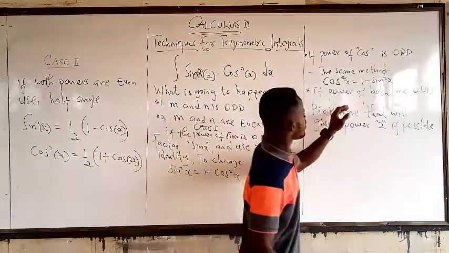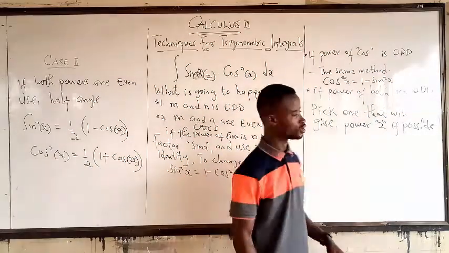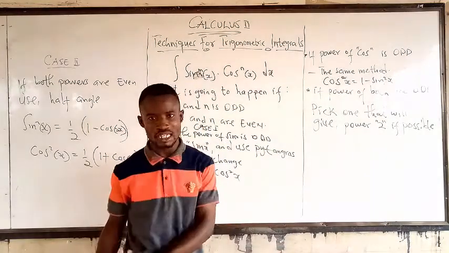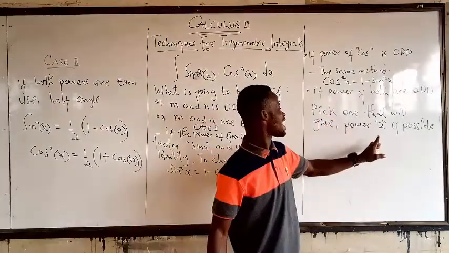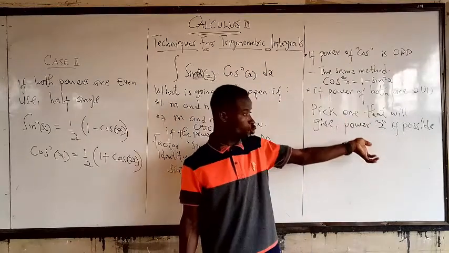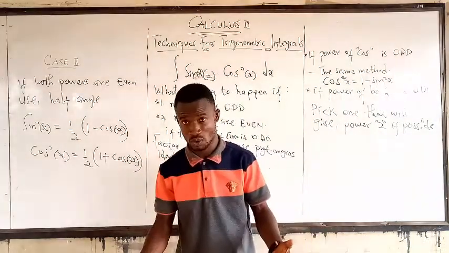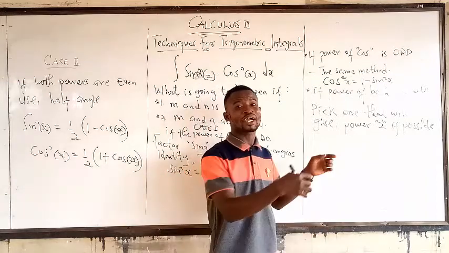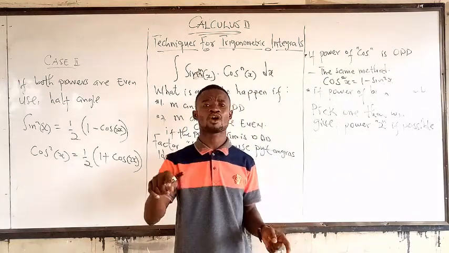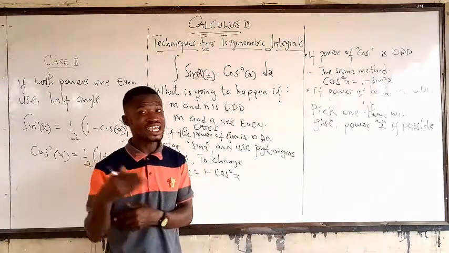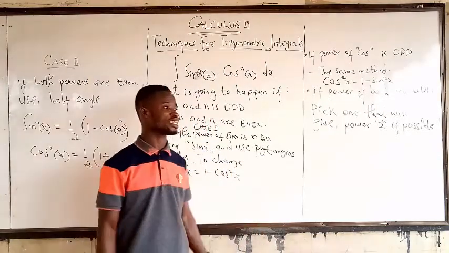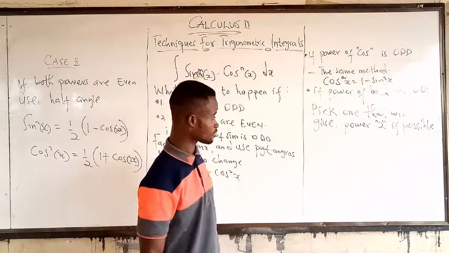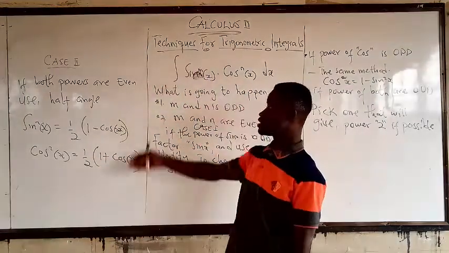The sine is odd and the cos is odd. So what you do is pick the one that will give power 2, if possible. We will solve an example on it and I will show you how to go about that. Oh, case 2 is here.